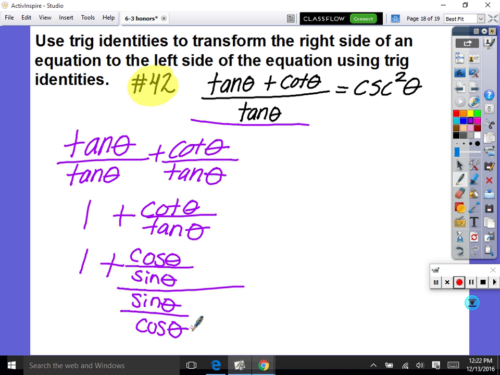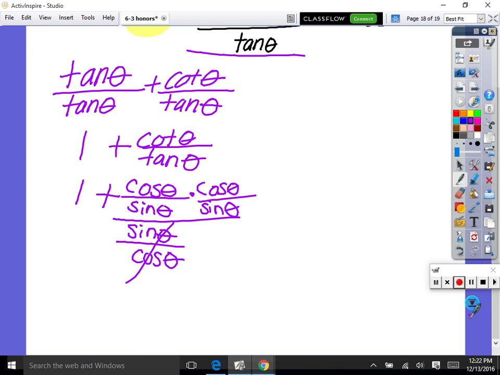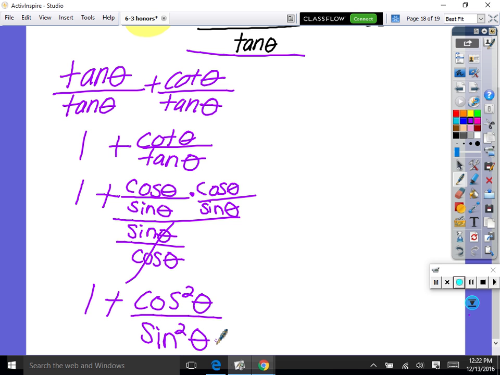Dividing fractions is easy as pie: flip the second fraction and multiply. It's not a bad way. I like it. So now we're looking at 1 plus cosine squared theta, correct? Over sine squared theta. True?